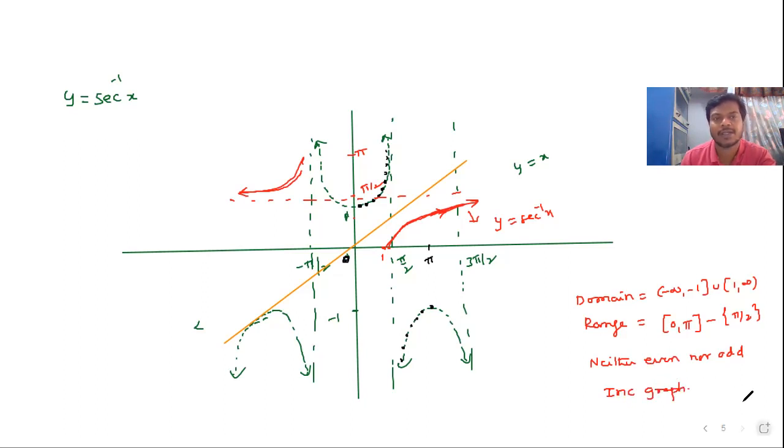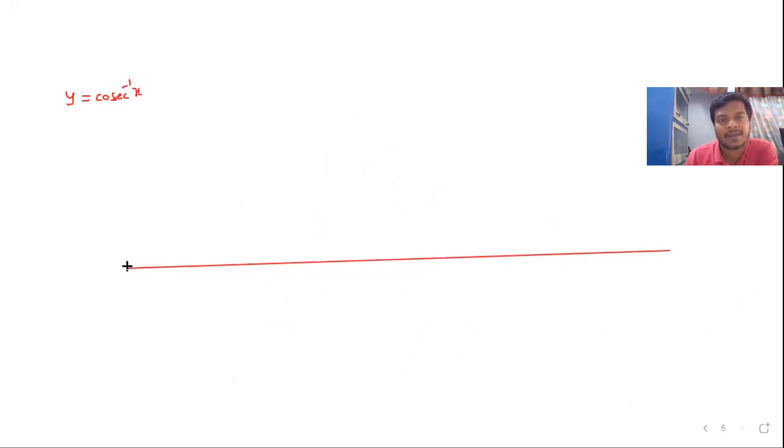Next we go for the graph of cosec inverse of x. First the graph of cosecant x, right? This is the graph of cosecant x.